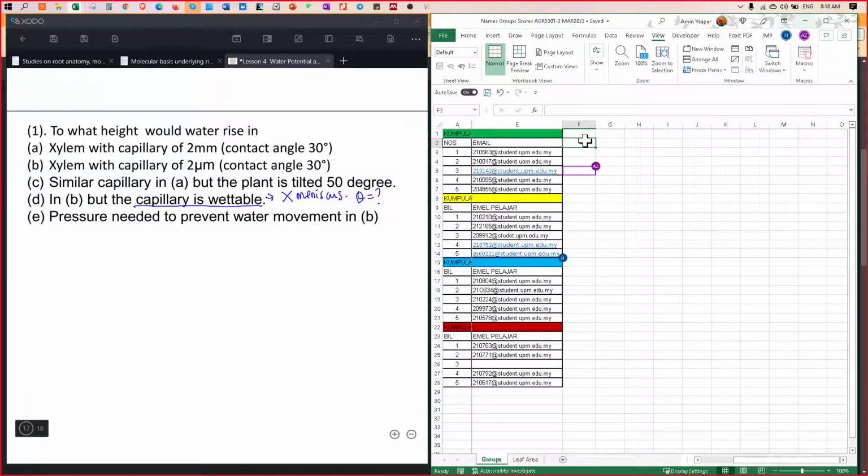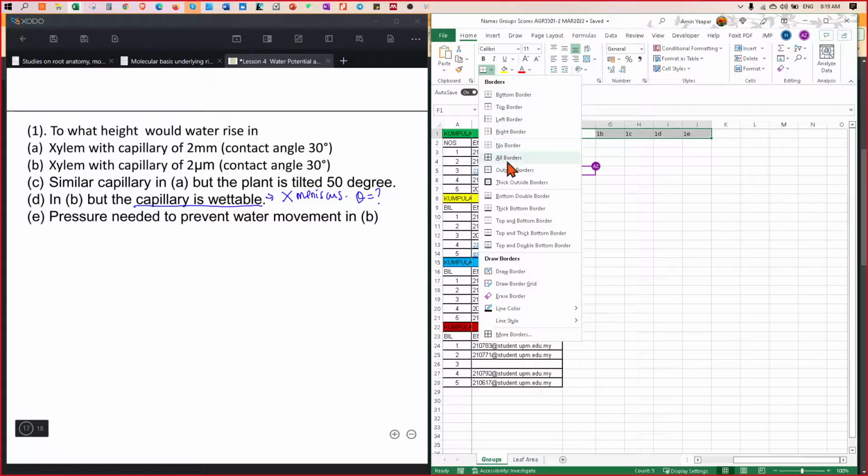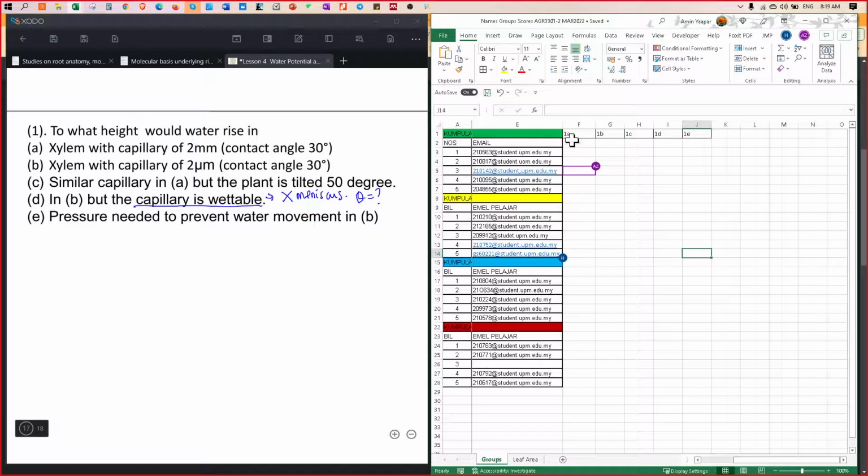Let me create a column for answer. 1A, 1B, 1C, 1D, 1E.